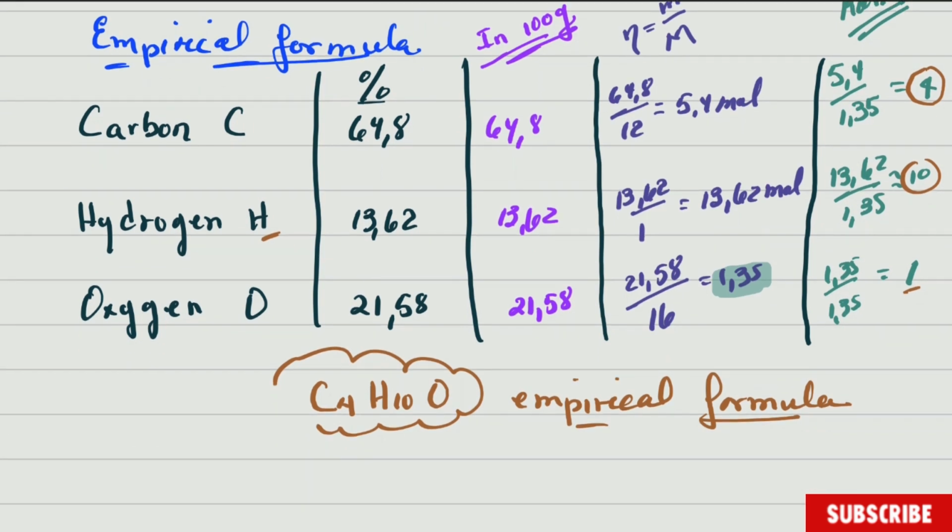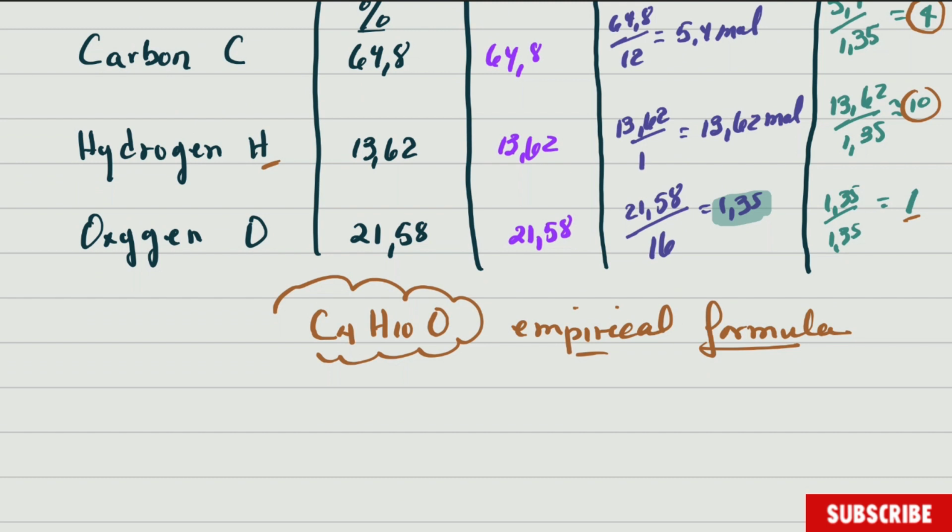Now, what we are going to do is calculate the molecular mass of the empirical formula. You all should know how to calculate the molecular mass, but we're going to do it anyway. The molar mass for the empirical formula is equal to 4 times the mass of carbon, which is 12, plus 10 times the mass of hydrogen, which is 1, plus 16.